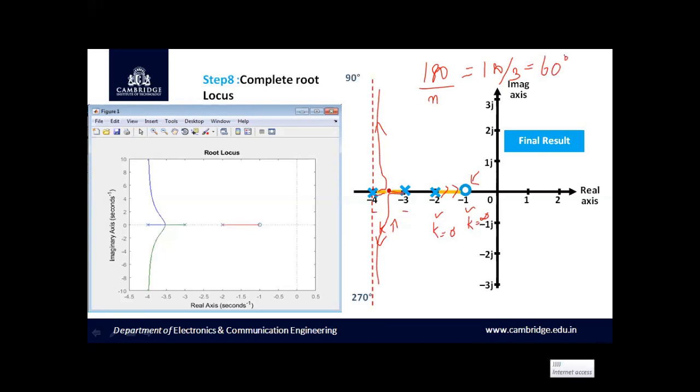Therefore, the breakaway point takes an angle of 60 degrees, and it will be following the direction of the asymptotes, which is clearly shown here in this MATLAB output. The angle at which it is taking as well as the path it tries to follow is the angle of asymptote at 90 degrees as well as at 270 degrees.